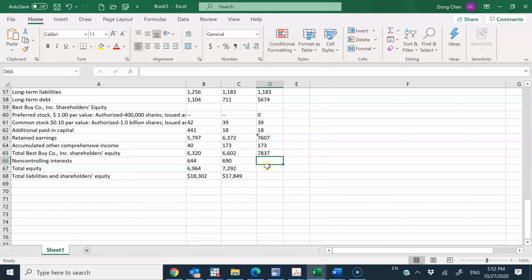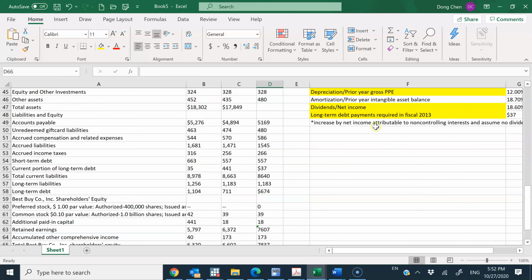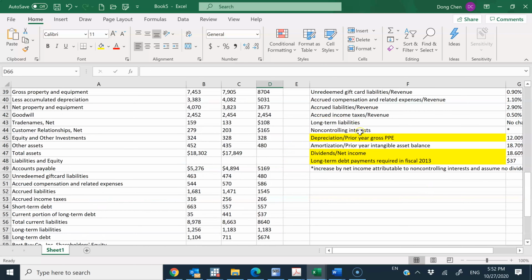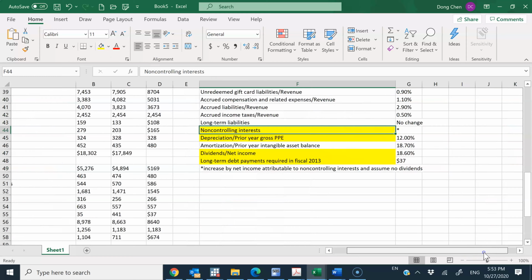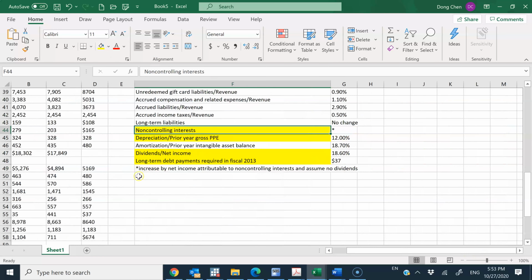So non-controlling interest, you can see the assumption here, which I will highlight here in yellow as well. So there's a star, and you read the star, it says increase by net income attributable to non-controlling interest and assume no dividend.